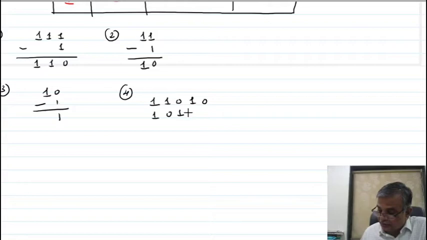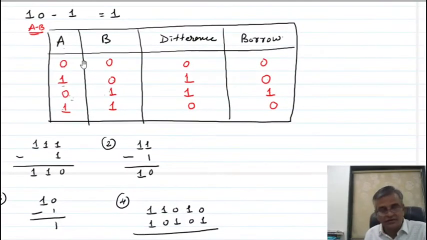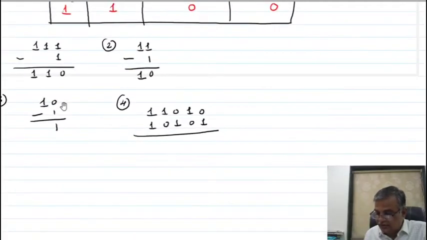This is your 1. This is 0 and 1. Look here, I am doing it like this. So far I have discussed only 2 bits. Now you are having 1, 2, 3, 4, 5 binary numbers. How to do the subtraction?